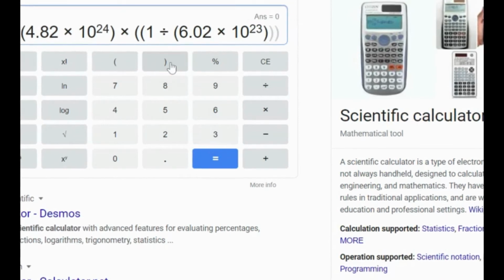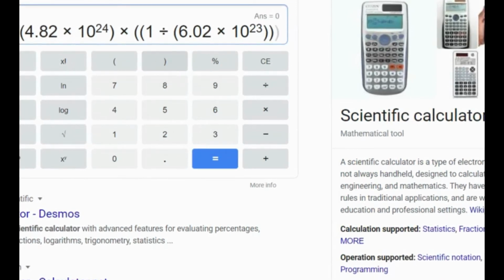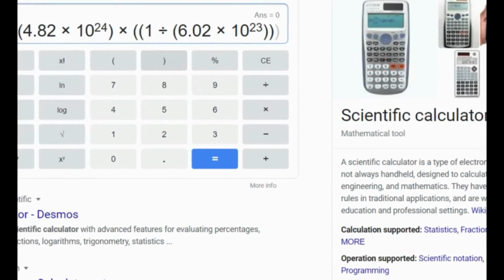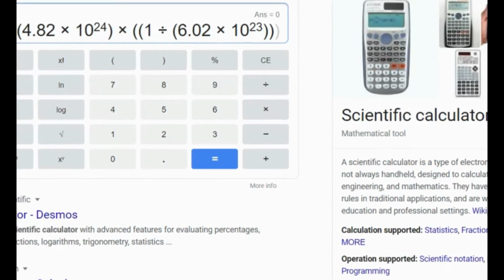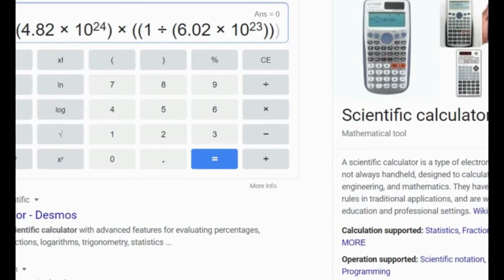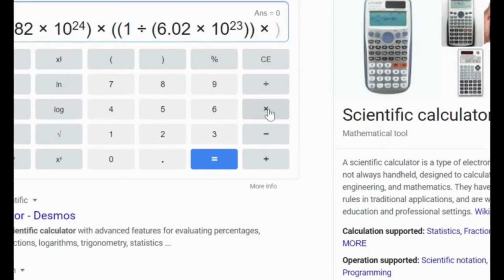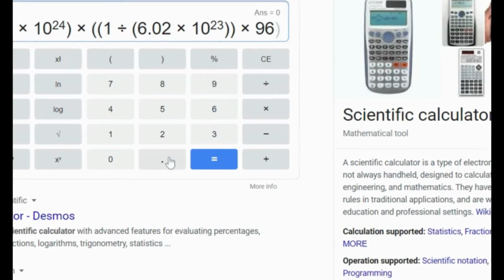I'm going to do 2 closed parentheses here. It's important that you know how to use your calculator. What this is doing is it's taking this first number right here and multiplying by 1 over this whole number here. Now then I'm going to do times the 96.52.